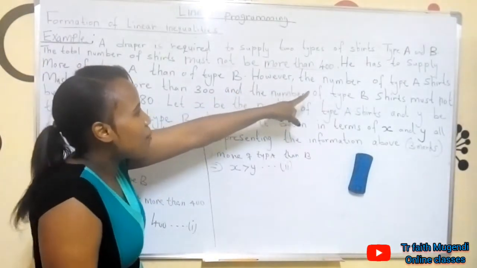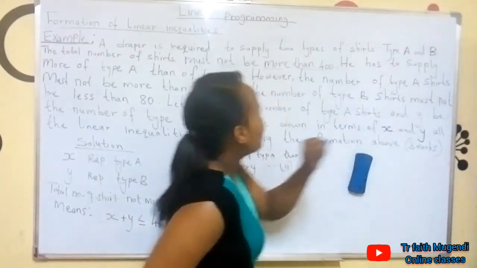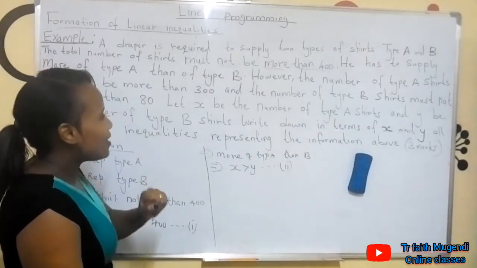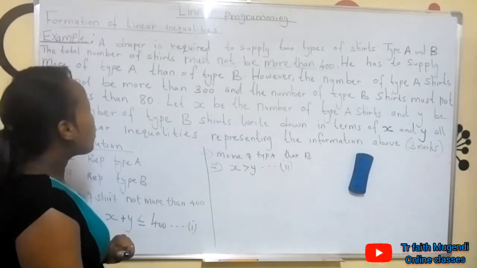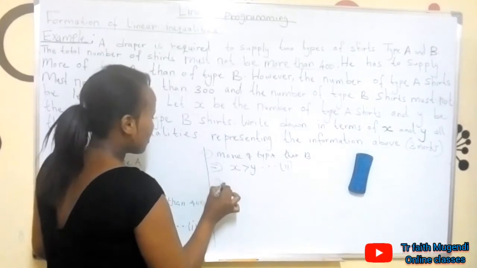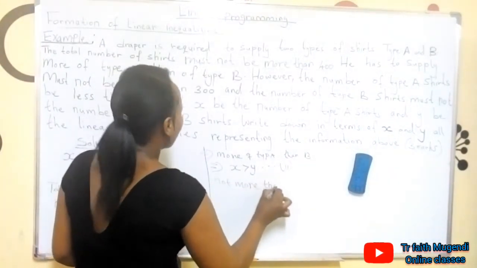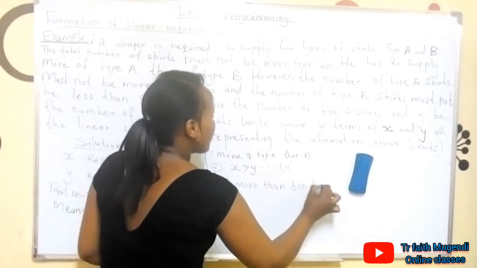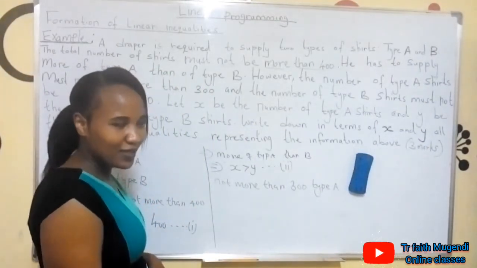However, the number of type A shirts must not be more than 300. So when we talk of not more than 300 of type A, we are talking about at most.